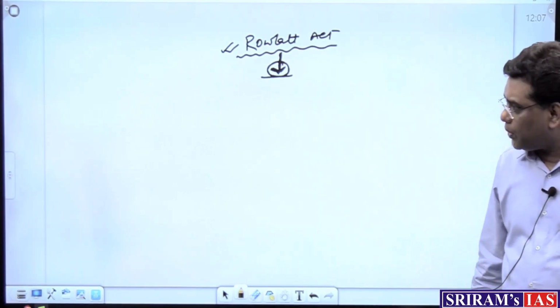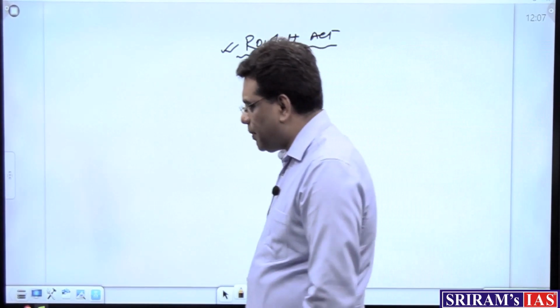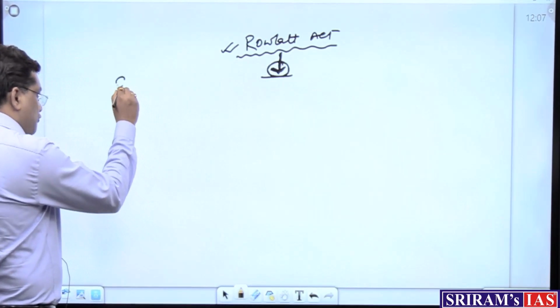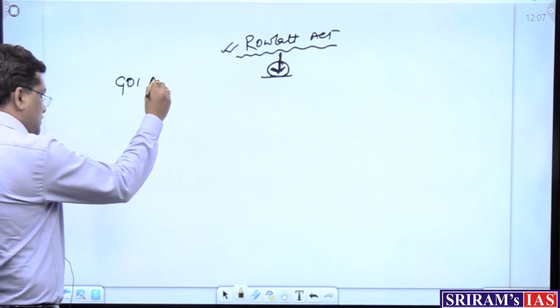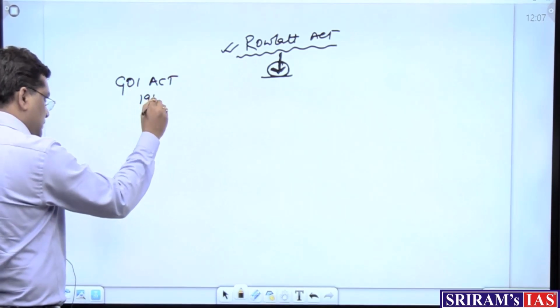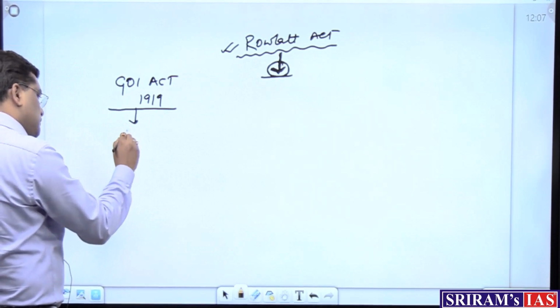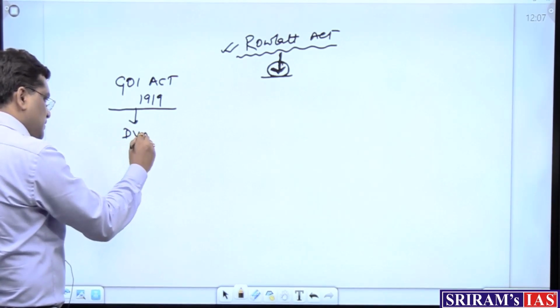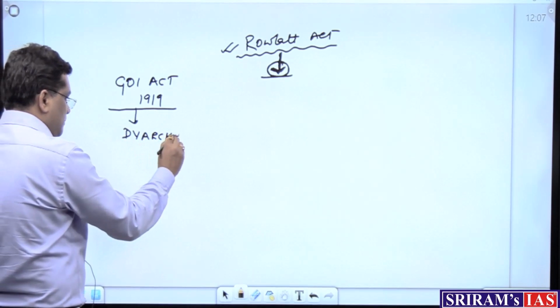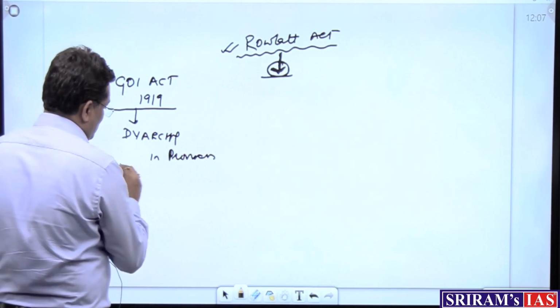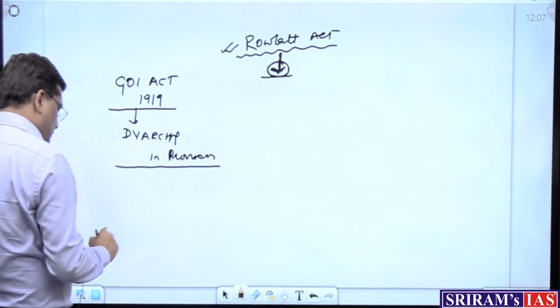In fact, on one hand, the British presented the Reform of the Government of India Act 1919, which was the establishment of diarchy in the provinces.